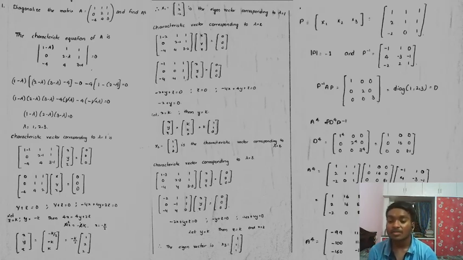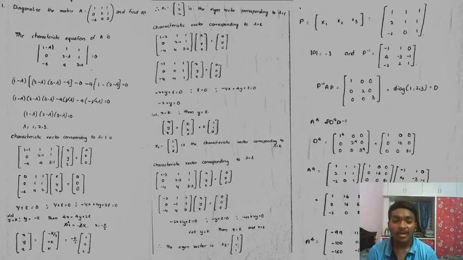From backward substitution, let z equal k. Then y equals minus k, and from the above equations x equals minus k by 2. So x, y, z is minus k by 2, minus k, k, that is minus k by 2 times 1, 2, minus 2. Now we calculate the other eigenvectors in the same manner.